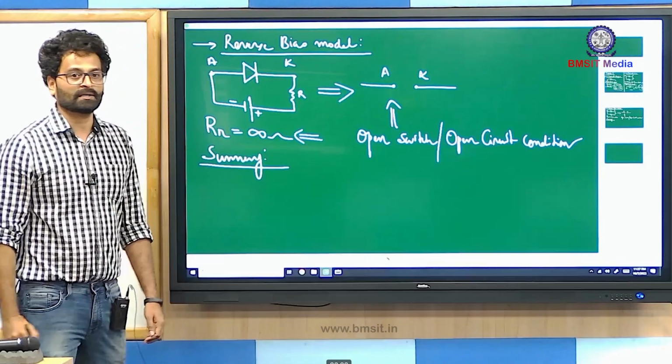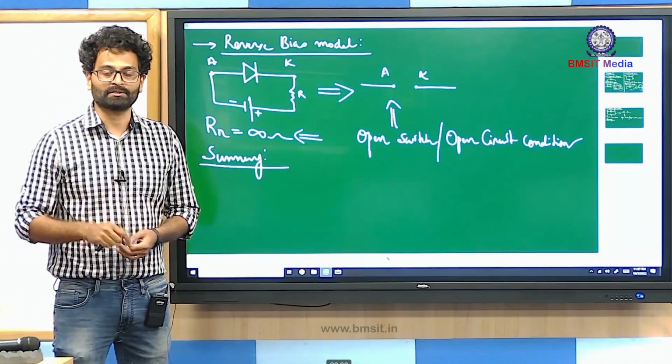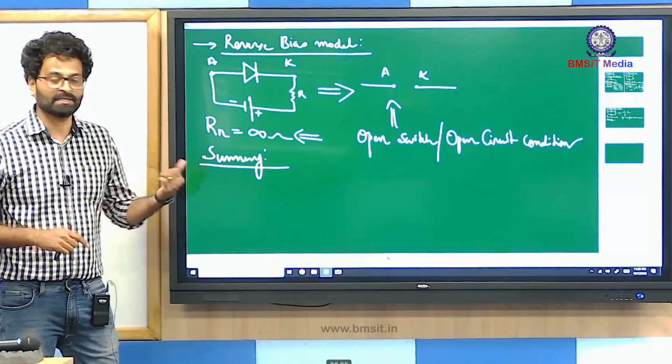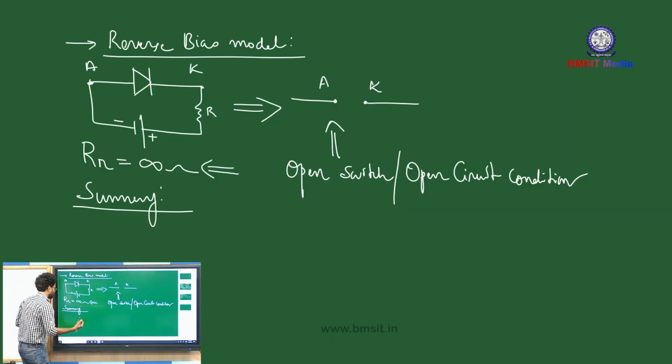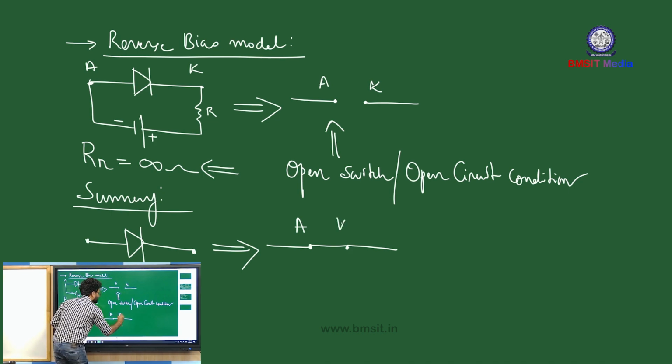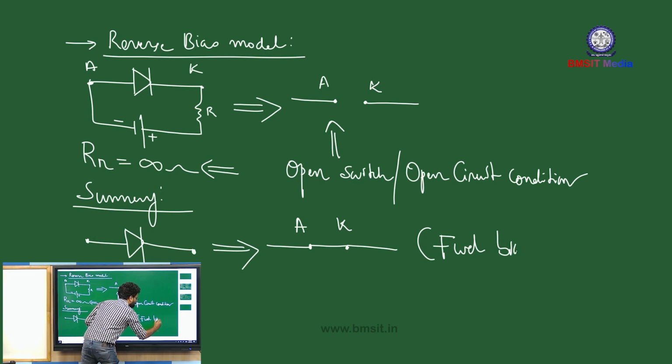So, summary. Whenever we come across a clipper circuit or clamper circuit, and we have been asked to analyze it on the basis of the ideal diode model, then if you come across a diode symbol, you replace the diode symbol with a short circuit. This is for forward biasing mode.